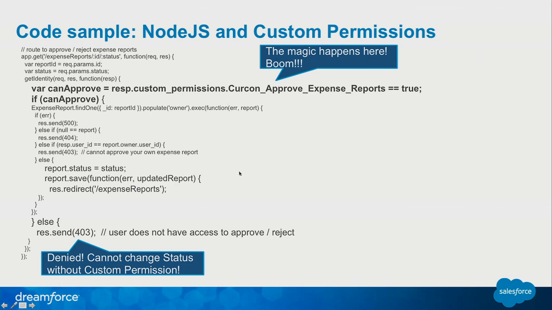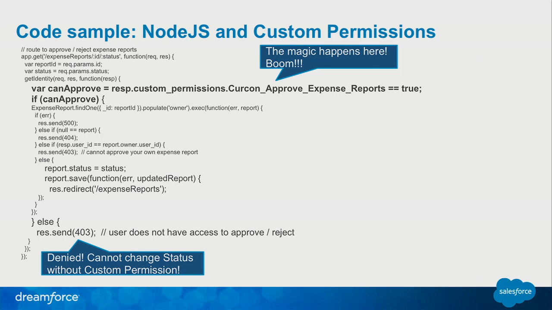And then the real magic happens here. var can approve. So this checks the response. That response is coming from get identity. Get identity is actually coming from Enforce, which is a community-written Node module for Salesforce, which is already implemented. So you can just pull that into your Node app, have OAuth already implemented for you, have REST, have streaming, have all your API functions.